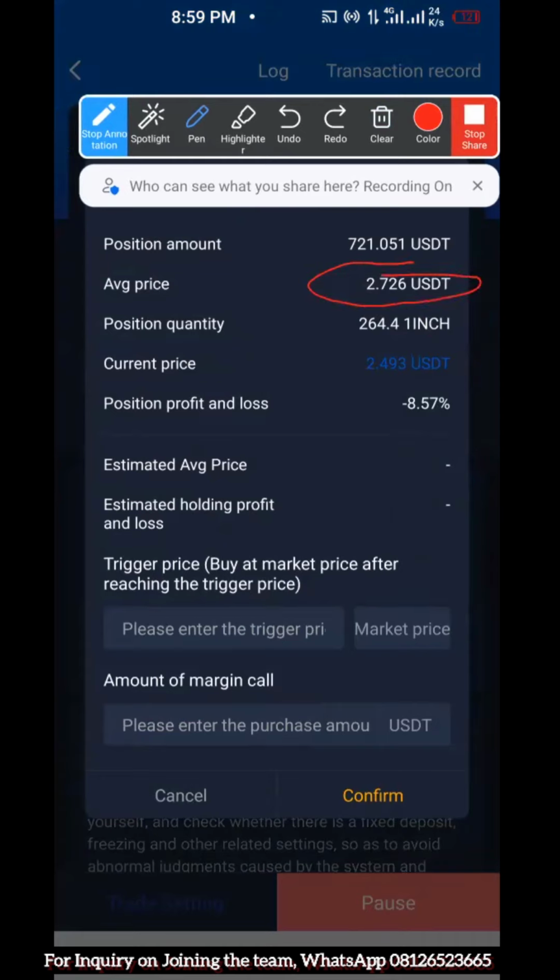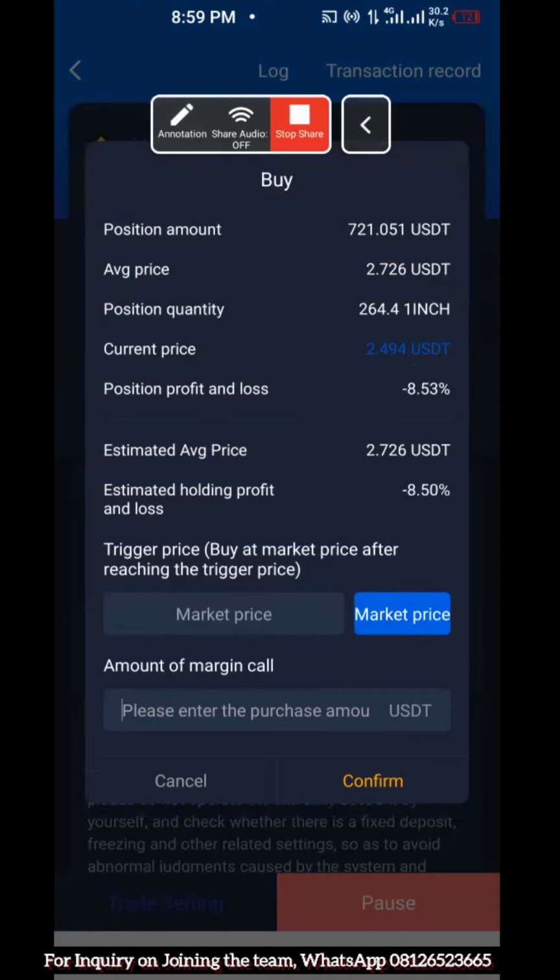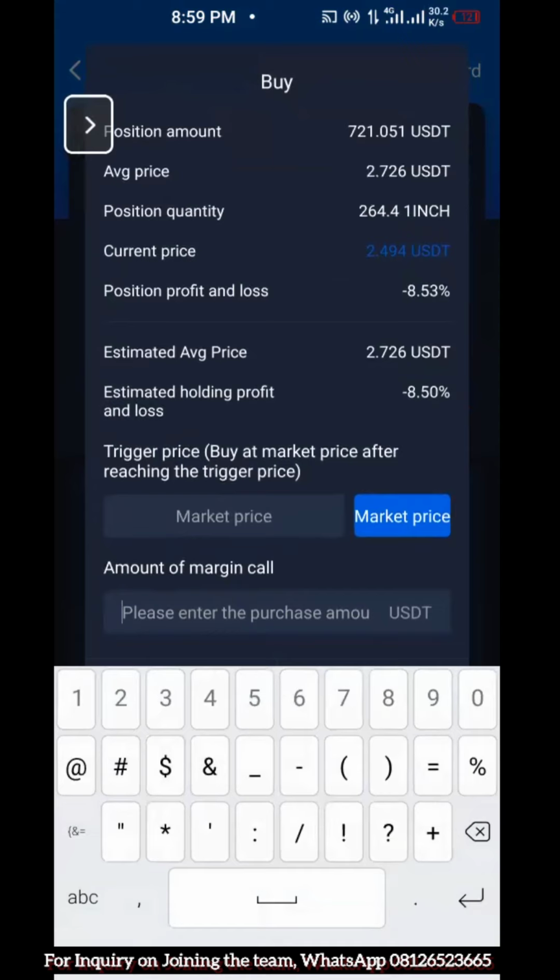Observe this average price and observe this profit and loss. Okay. Now, if I want to do this, I have 721 currently on this trade. Let's assume I want to match it with another 721, or let's just make it a round figure, match it with 800. What has just happened?